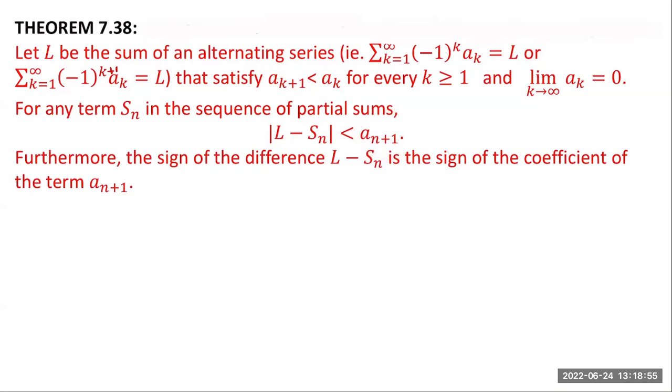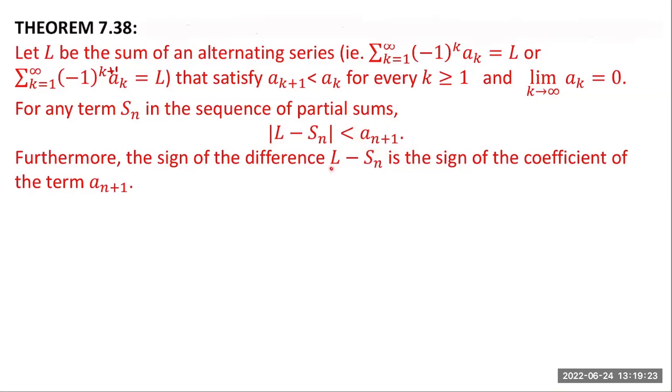So what does this tell us? Notice that this is the difference between L, the summation of the original series, and S_n, the partial sum. The absolute value of the difference between L and S_n is always less than a_(n+1).